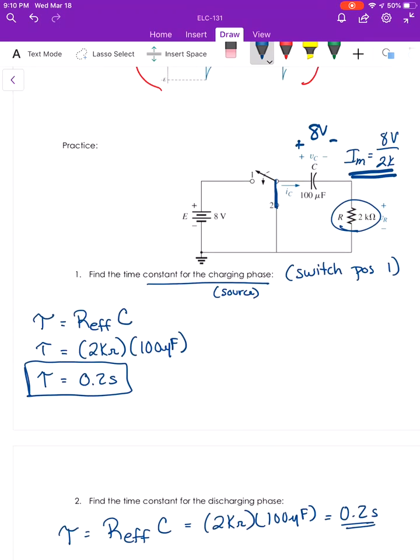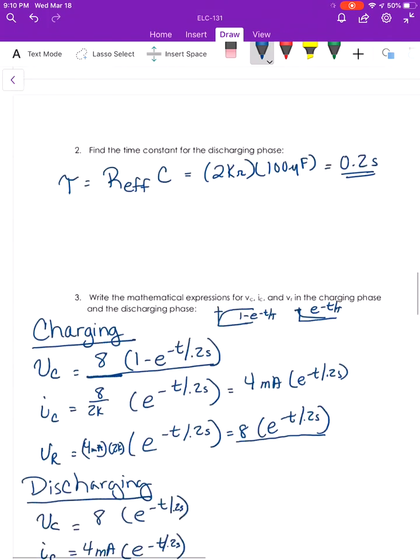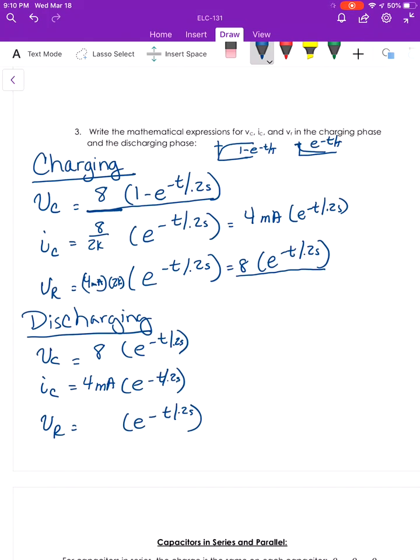And what about the voltage drop across that resistor? It's going to be that same 4 milliamps, this time times the 2K, which is also 8 volts. I'm going to put parentheses around there: 8 e to the minus t over 0.2.